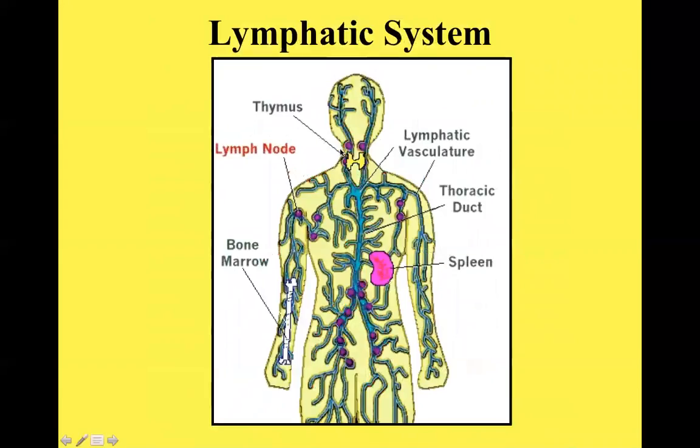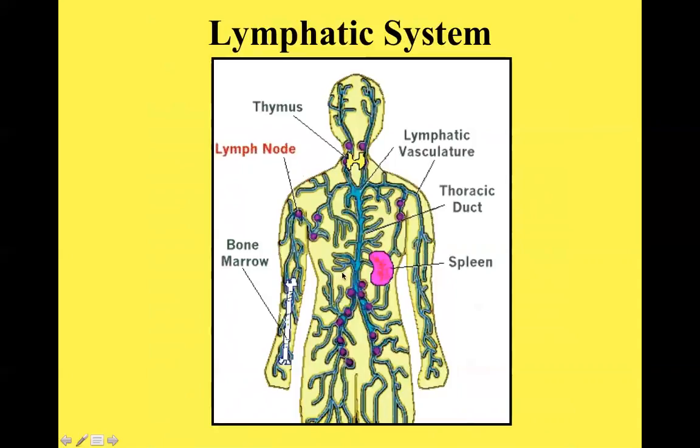Then we have a whole system of vessels also similar to arteries and veins, but these are the lymphatic vessels. And included here are the lymph nodes and the spleen and all the different nodes. This system is involved with proteins and it's a little more complex than that.